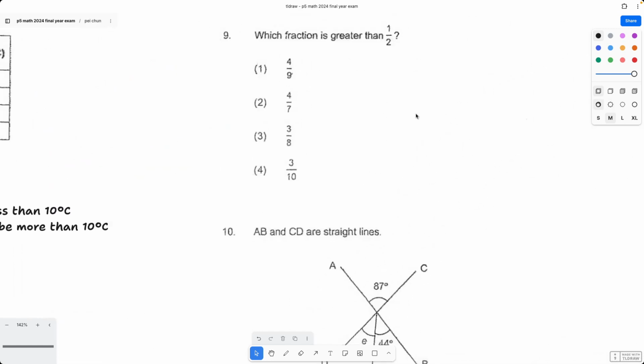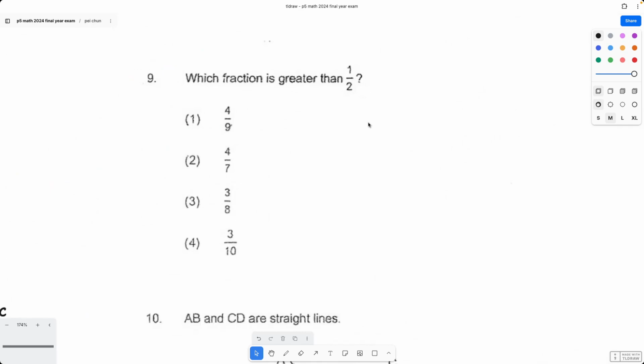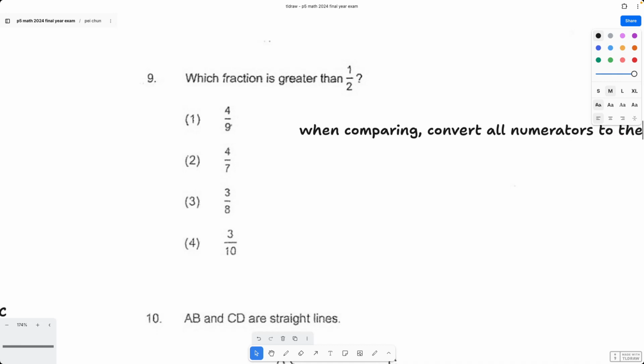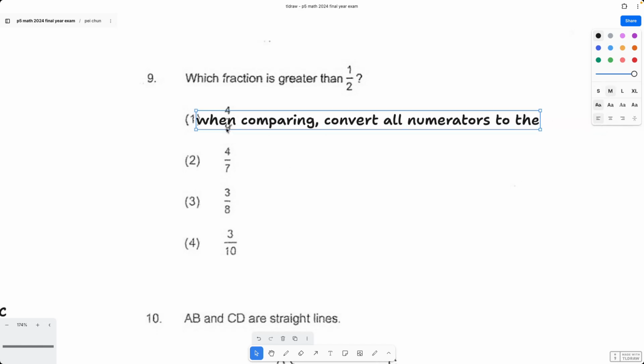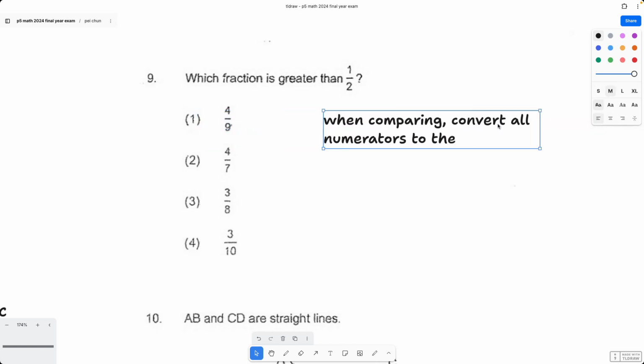Let's move on to question number 9. Okay, so which of the fractions is greater than 1.5? So what we can do is, when comparing, convert all numerators to the same number.